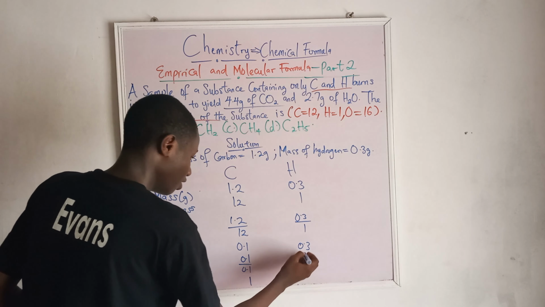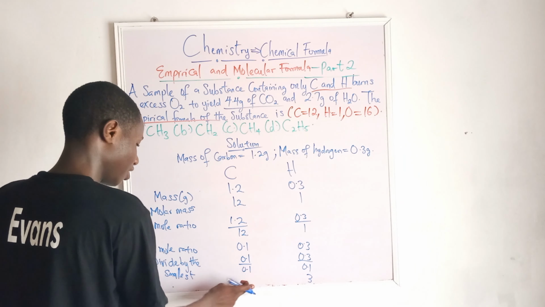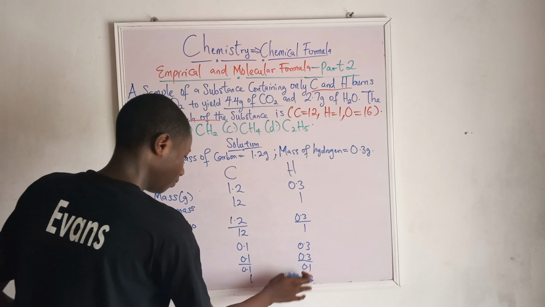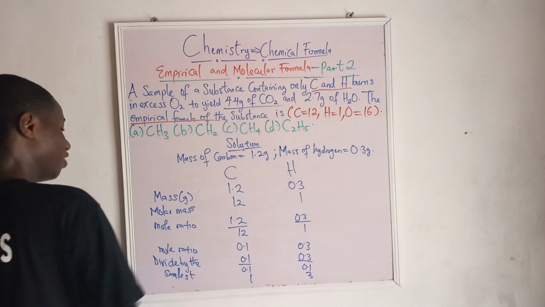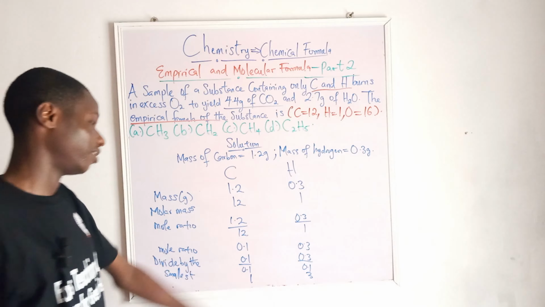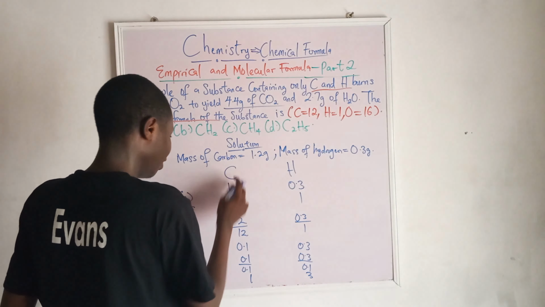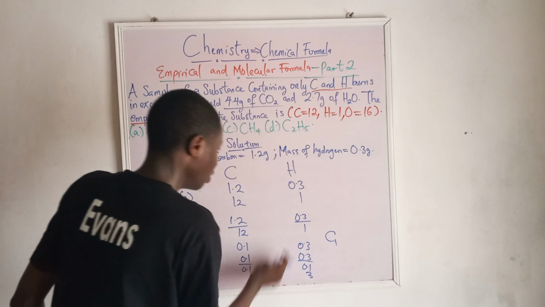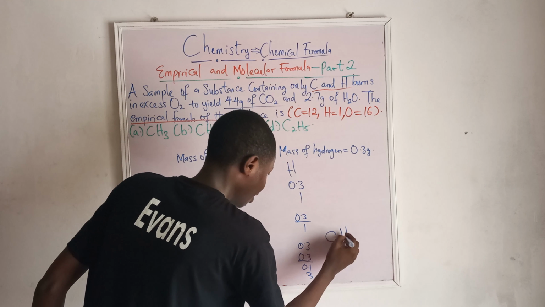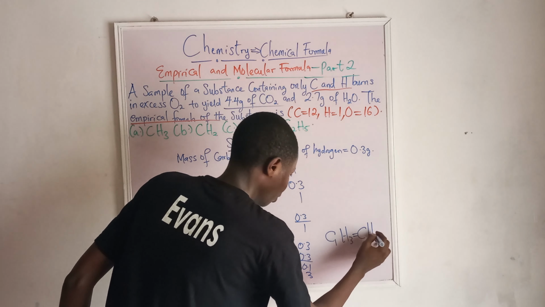We have 1. 0.3 divided by 0.1, that's 3. Do you understand? Now the way I taught you in the first one, what is under carbon? That is 1. What is under hydrogen? That is 3. So your empirical formula is what?